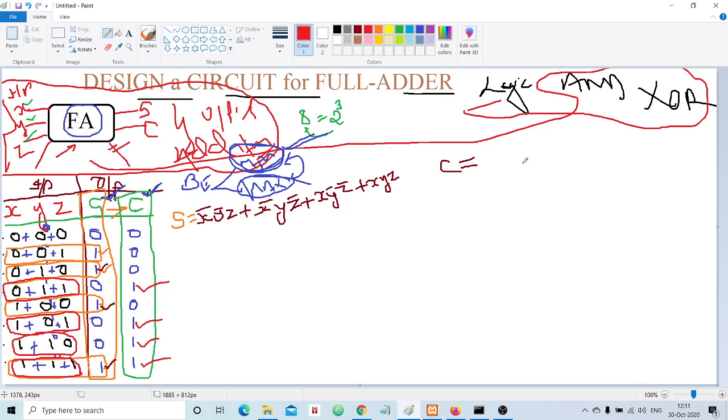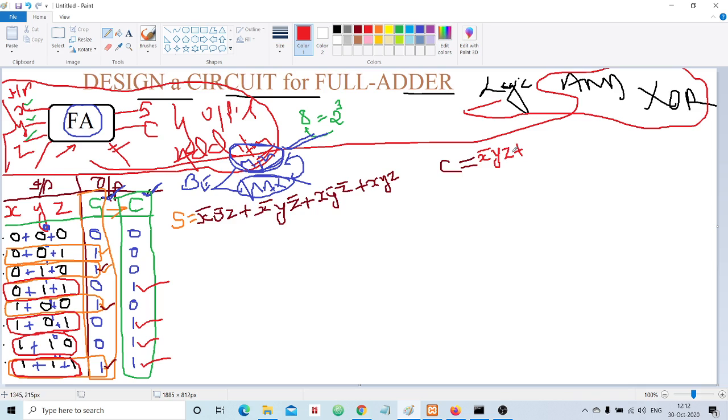Clear? Now we shall try to write the Boolean expression for carry. We shall go one by one. Order does not matter, but usually we follow left to right or top to bottom like this. So the first combination is x is 0, so x bar, then y, then z. Clear?